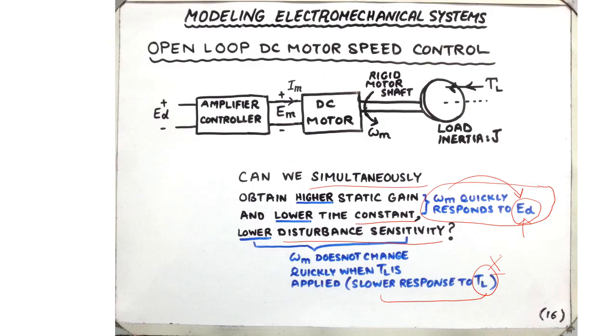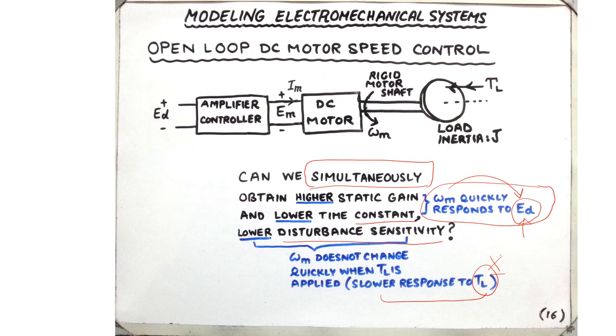These requirements are actually conflicting in nature because, as we saw, there are system parameters such as the amplifier output resistance, the load inertia, the motor speed and the torque constant, etc. And it seems difficult that we can simultaneously achieve these conflicting requirements that easily.